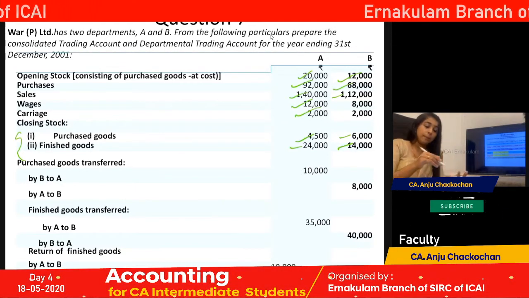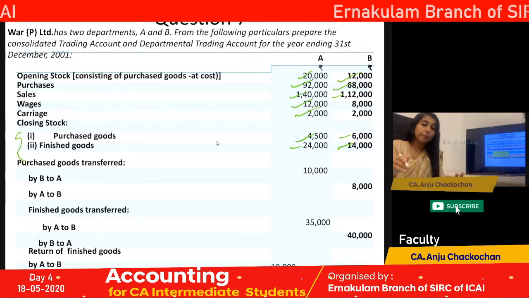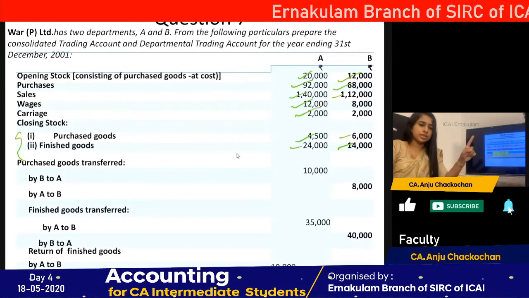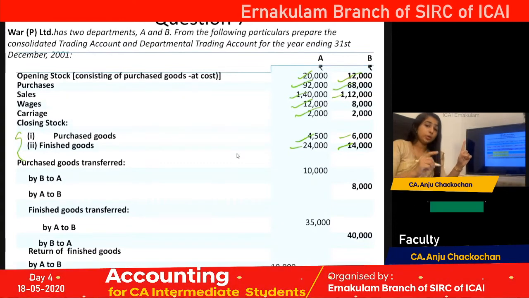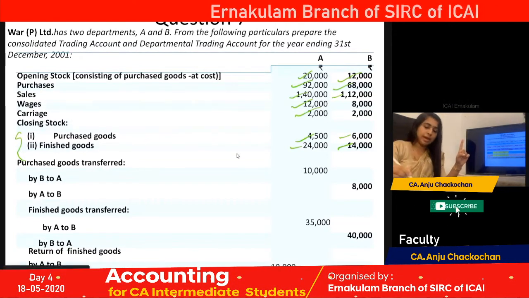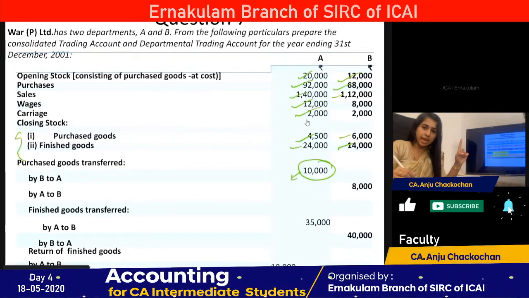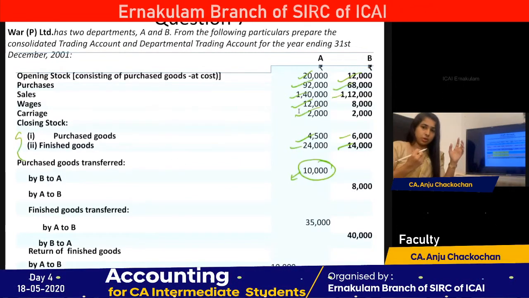And then they have said purchase goods transferred by B to A. Listen, from B, they have transferred certain goods. From B to A, they have transferred goods, thereby meaning this 10,000 will be a purchase in A, because A has received the goods, right?